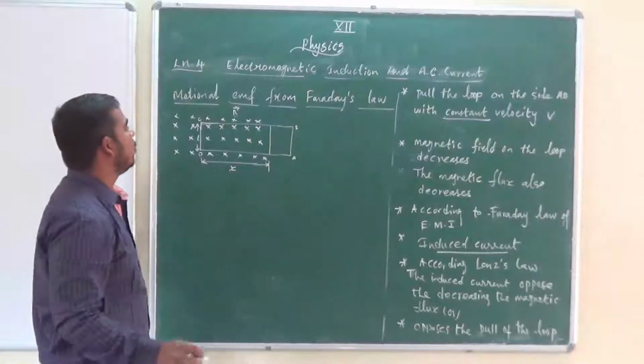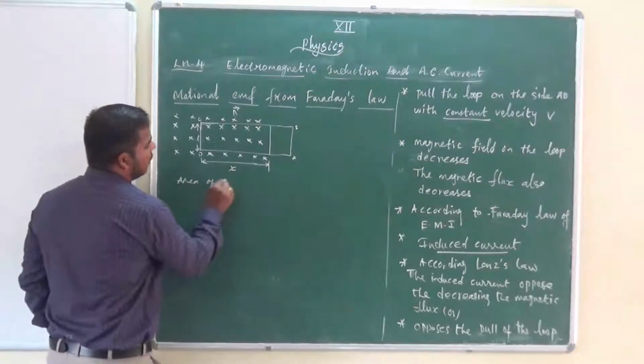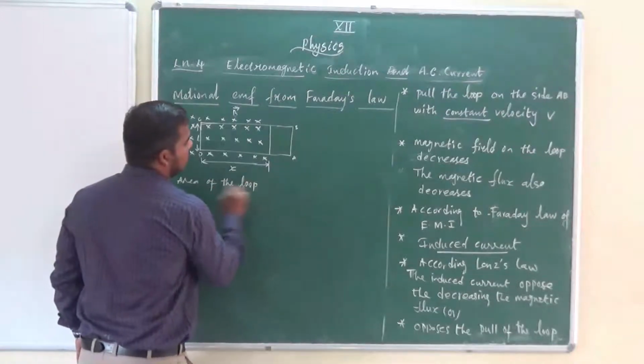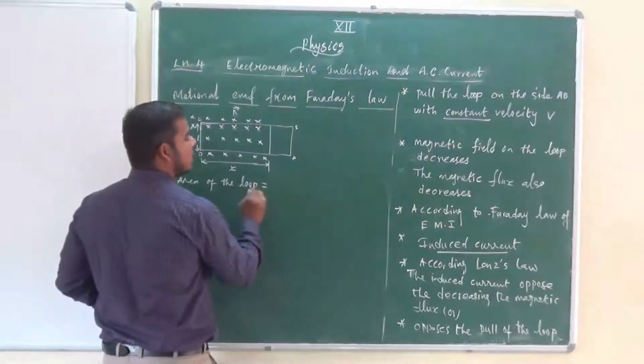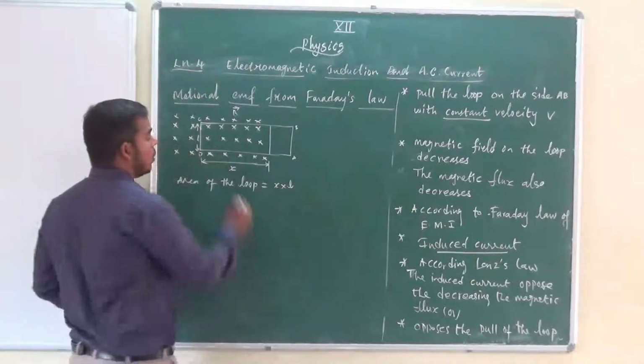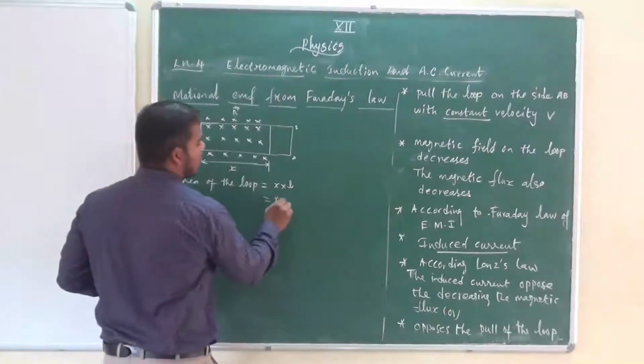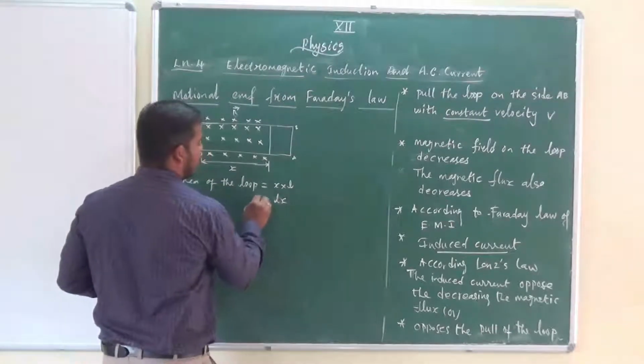So we will calculate the area of the loop. Area of the loop is length into breadth. Here length is x, breadth is L. So the area is Lx.